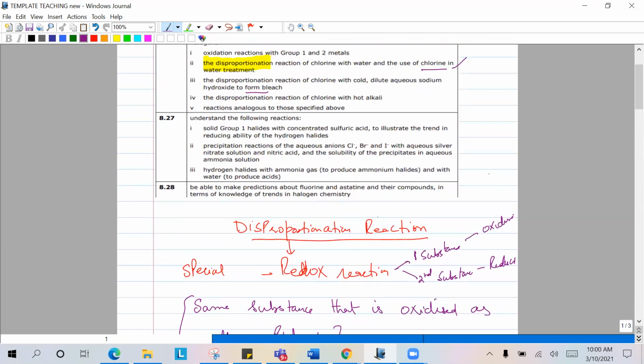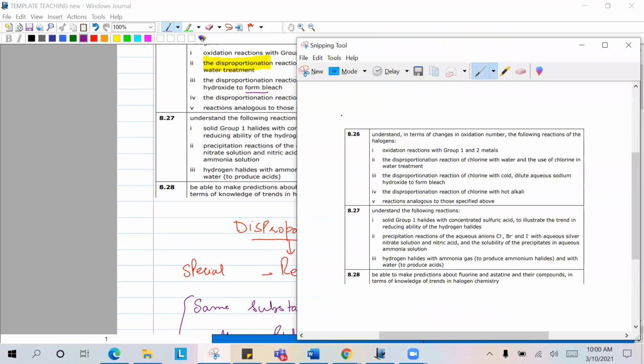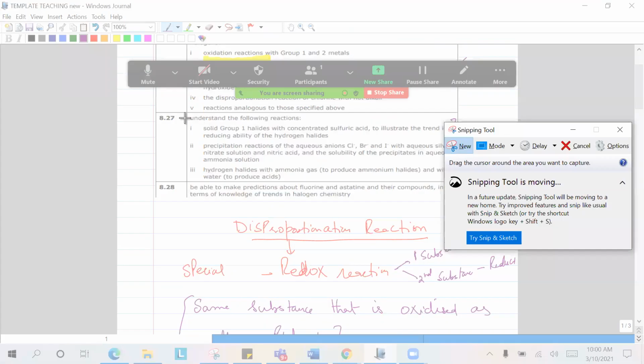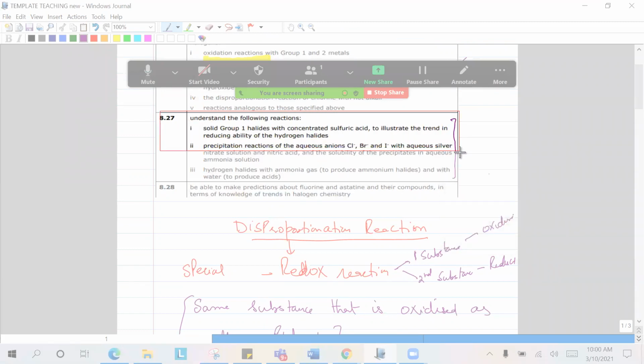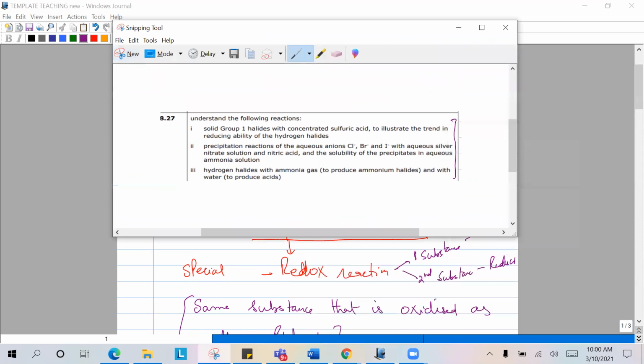Then we move on to the next part, that is this thing. Now this is something very, very important. This is even required for your unit 3. So let's talk about this now.